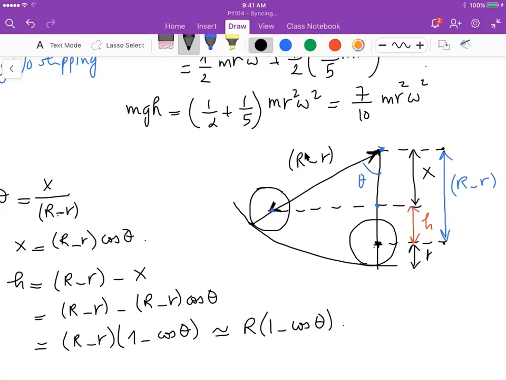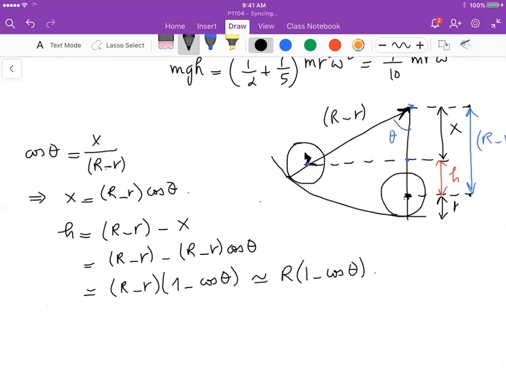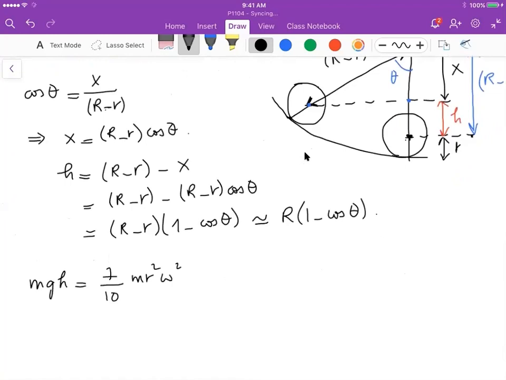And so if we go back to the original equation, we get the following. We go back to the basic equation, which was MGH. So again we end up with MGH equal to 7 over 10 times m r squared omega squared. This is the equation we reached at the end.